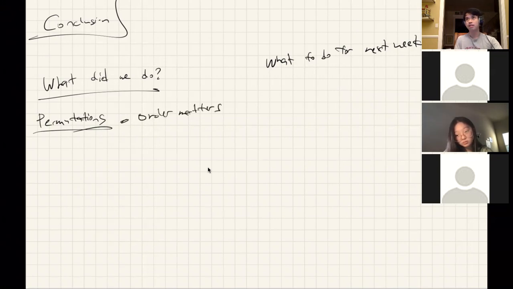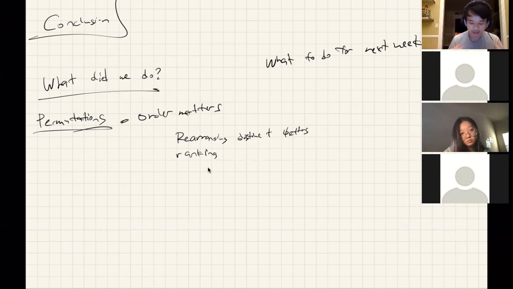You can think of it as rearranging distinct letters, or assigning a strict ranking from best to worst. That's an example of where the order of the elements matters.